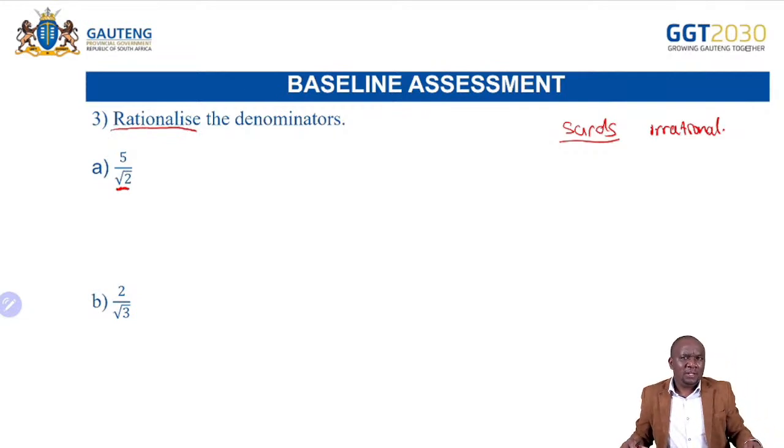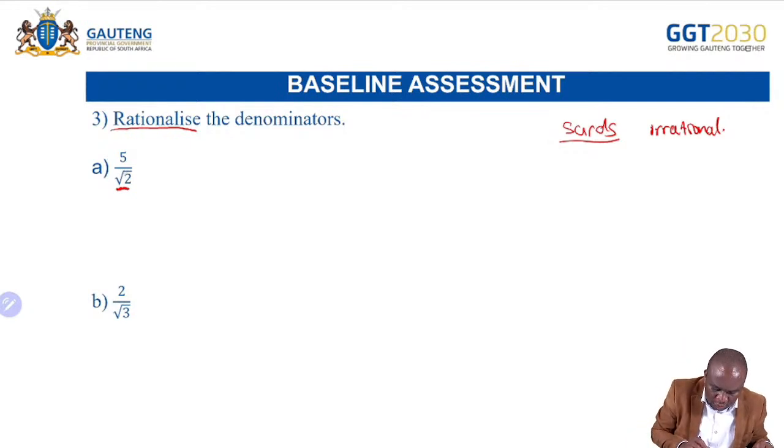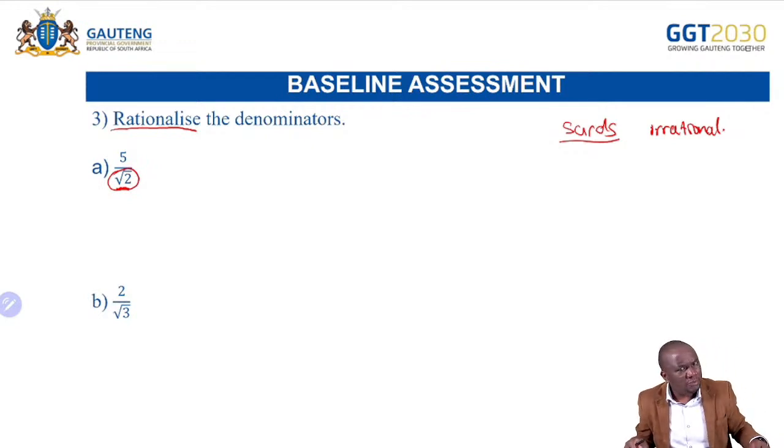What type of numbers are rational? Remember, integers are rational, terminating decimals are rational, recurring decimals are rational, isn't it? So we can make this square root of 2 become rational. In the previous activity, we said that root 3 times root 3 is equal to 3.